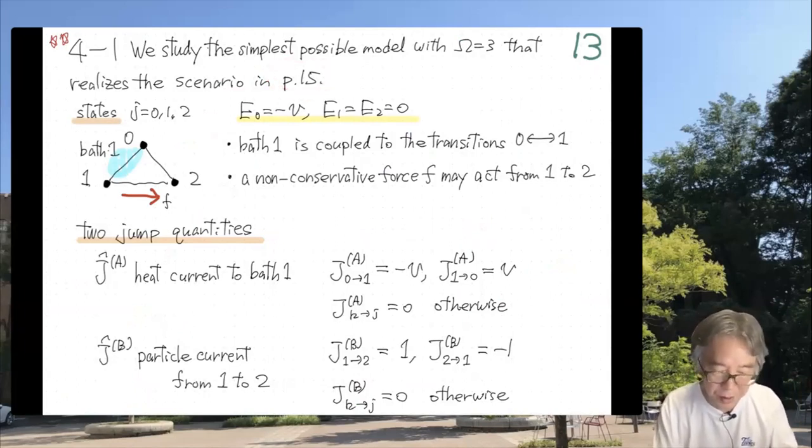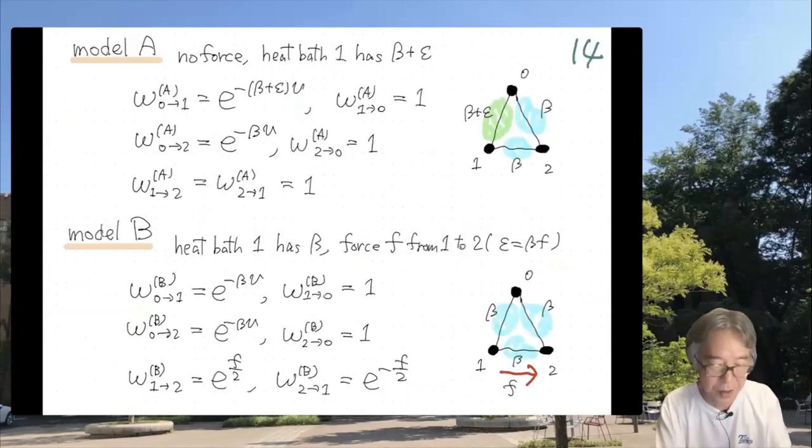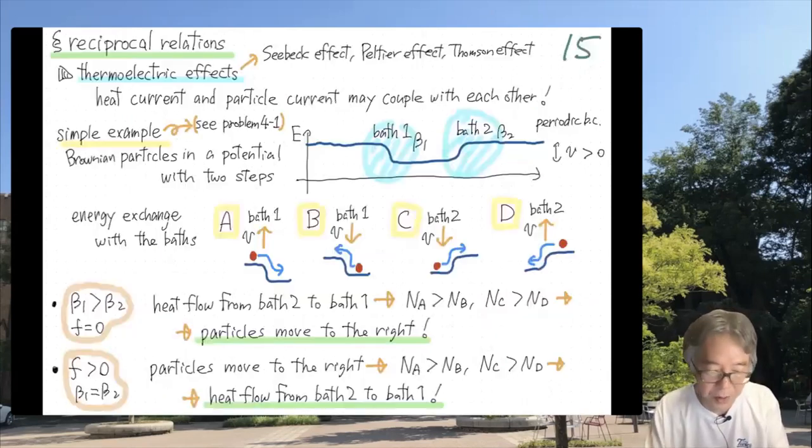Here, I just defined these transition rates corresponding to this situation with different temperature and the same temperature and non-conservative force and so on. And you can compute everything explicitly. So I encourage you to look at this problem to understand this discussion better.